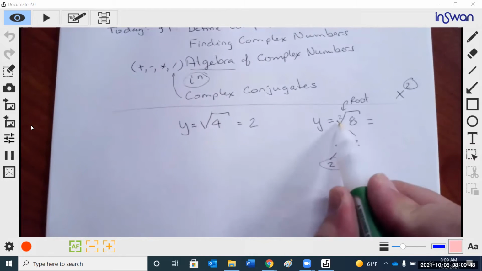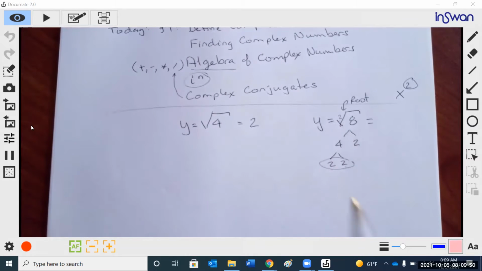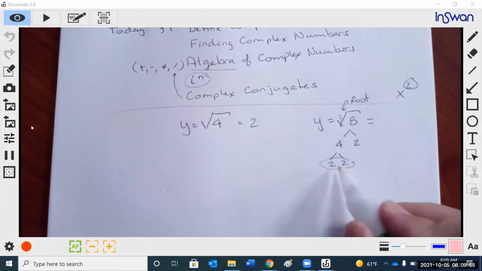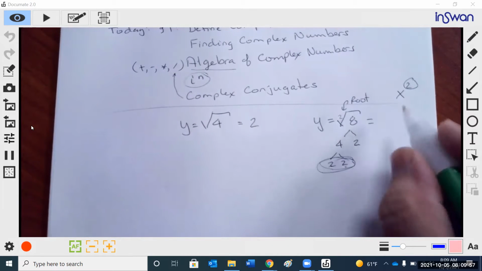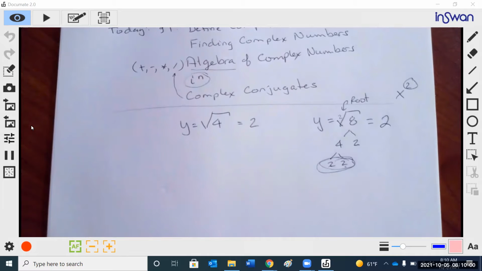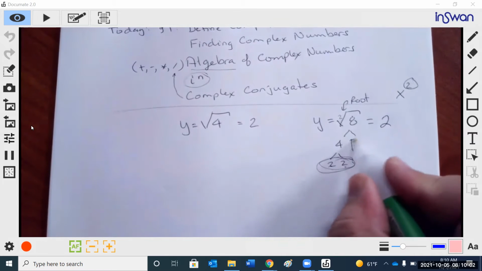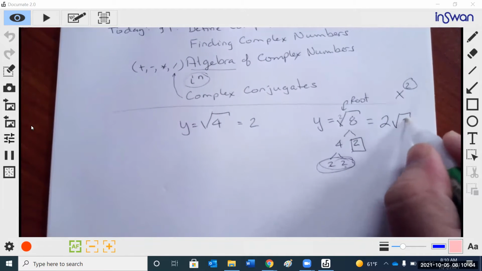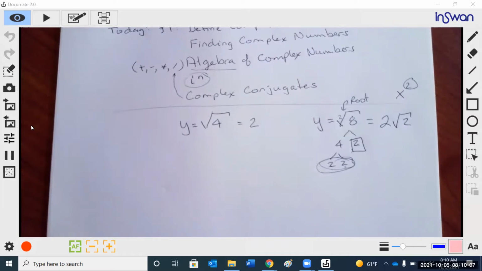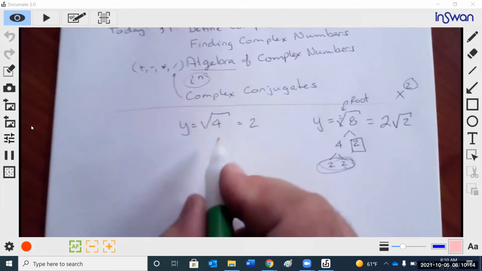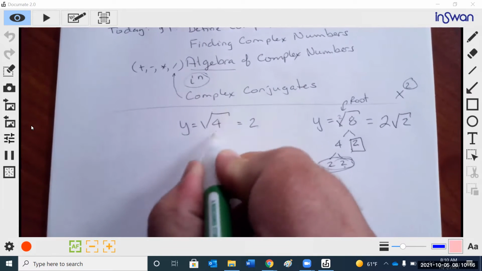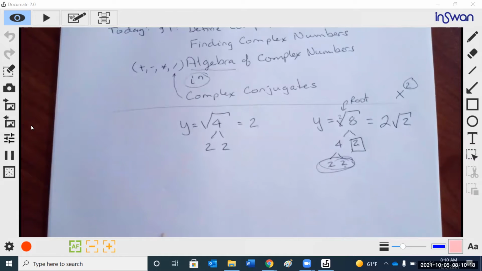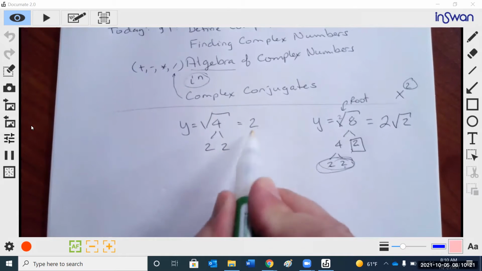All right, so what this means, the root tells us how many of the same number we need so we can take it out. 2. And we have 3 of them, so take these 2, they come out. Whatever's left stays inside the radical. Yes, only for like numbers, because the reason the square root of 4 is 2 is because 4 is made up of 2 times 2. Because they're the same number, I can take them out.